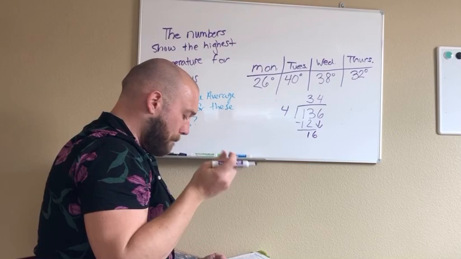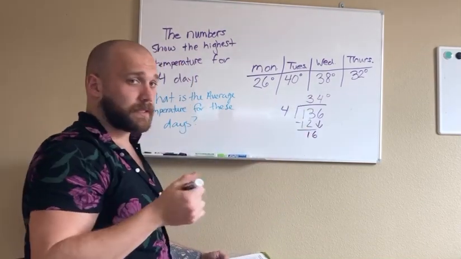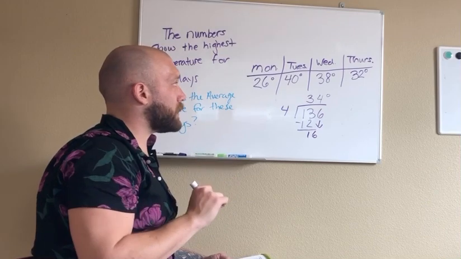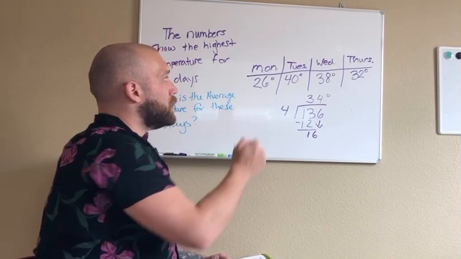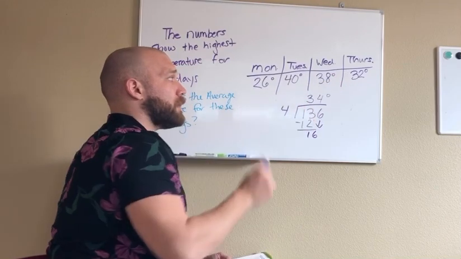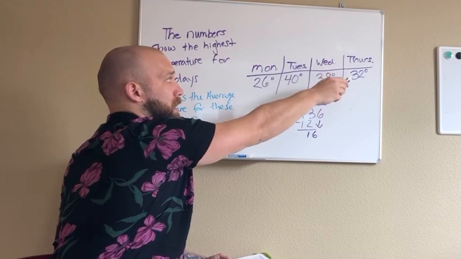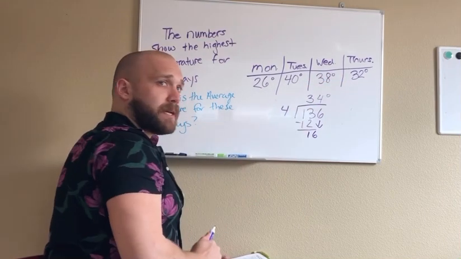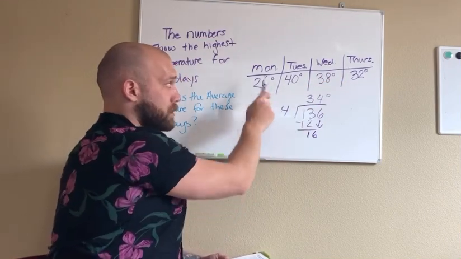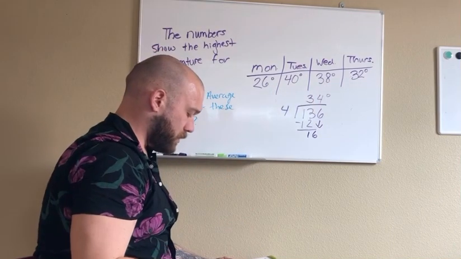So I know my average is going to be 34 degrees. Don't forget to label that because we're working with degrees or the temperature. So the average of 26, 40, 38, and 32 is 34 degrees. Because 26 plus 40 plus 38 plus 32 is 136. Divide that by 4, the numbers that I've added up together, and you get 34.